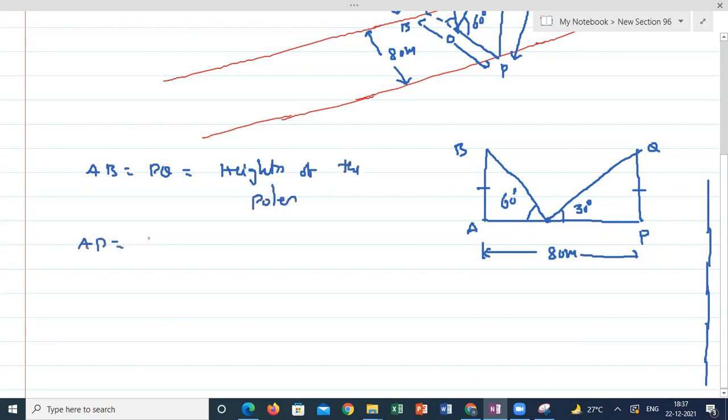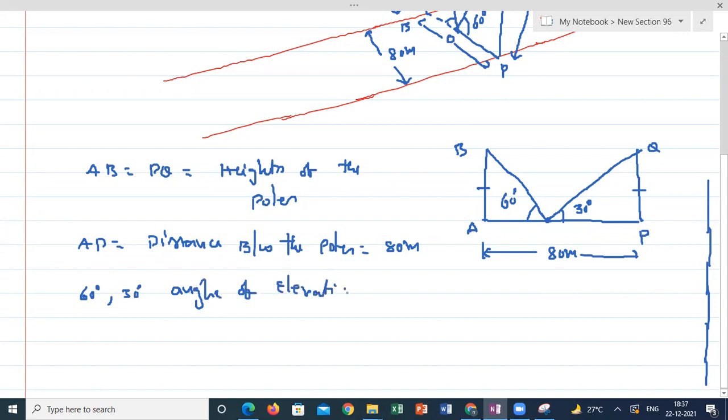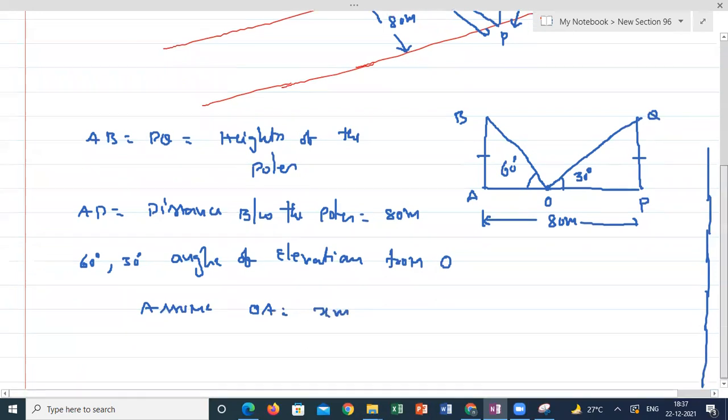AP is the distance between the poles, which is equal to 80 meters. 60 degrees and 30 degrees are the angles of elevation from O. Assume OA is equal to x meters, that means the observing point is x meters from the AB pole.